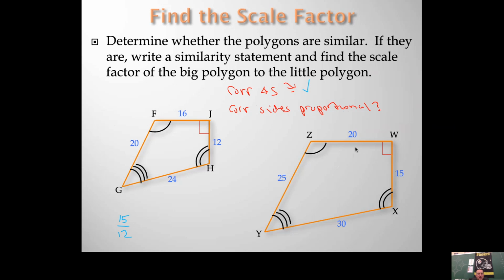Now, bigger than 15 would be 20. So next biggest over here would be 16. 25 to 20. 24 to 30.